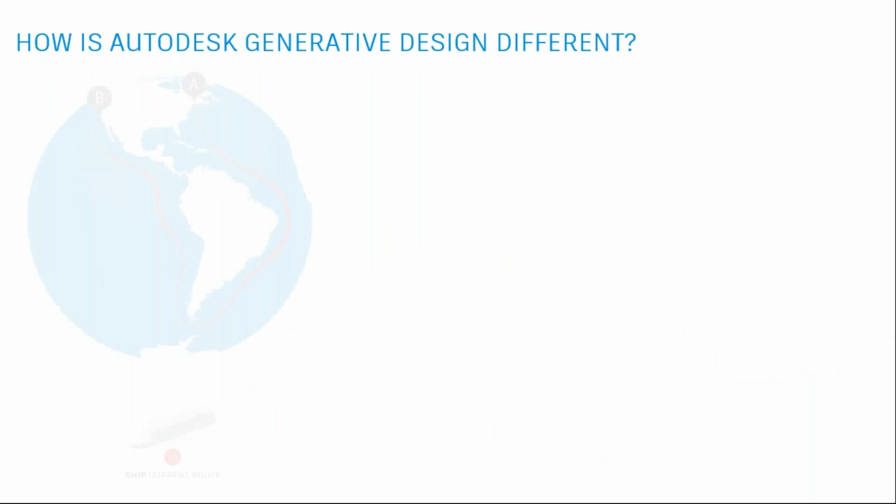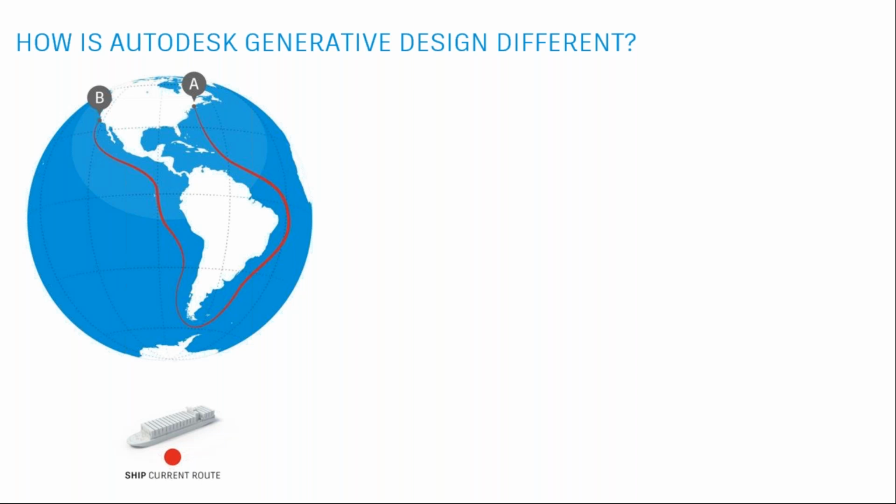To give an example of how generative design contrasts with something like topology optimization, which you might be familiar with either from the simulation end of Fusion or perhaps within Inventor, we're going to use some sort of transportation analogy. So imagine that the process of designing your part is equivalent to this shipping route, right?